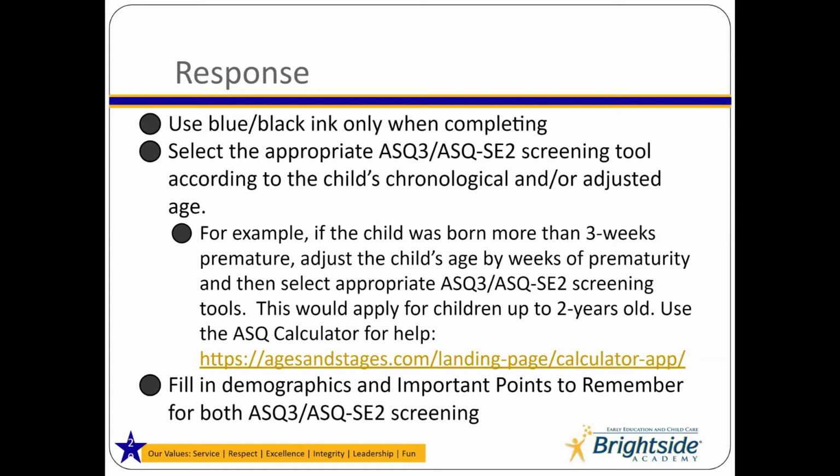For example, if the child was born more than 3 weeks premature, adjust the child's age by weeks of prematurity and then select the appropriate screening tool. This would apply for children up to 2 years of age. You can also use the calculator for help by visiting the agesandstages.com website. Always fill in demographics, and important points to remember should be considered.